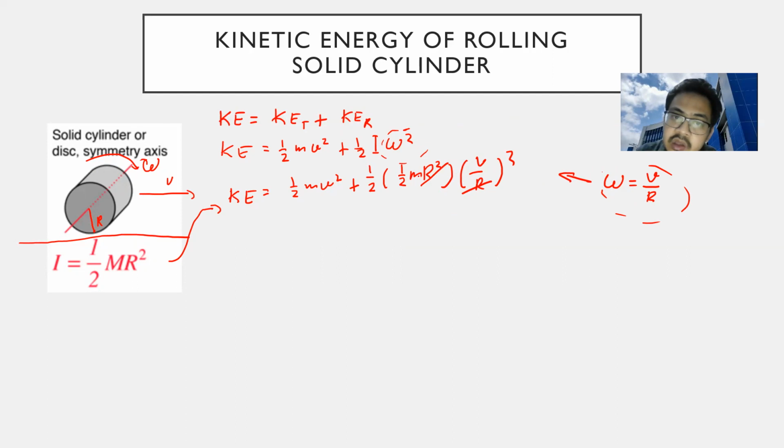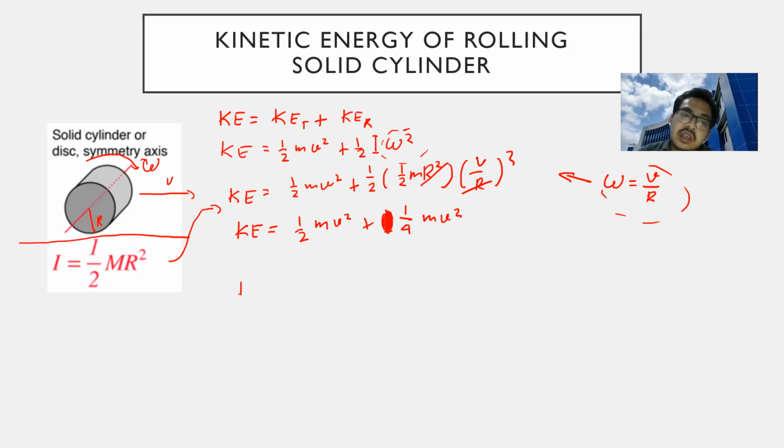See, we will only have mv squared on this term, but it will be different. It's not half, because it's half times half. It will be equal to a quarter. Half times mv squared plus half times half, which is equal to a quarter, times mv squared.